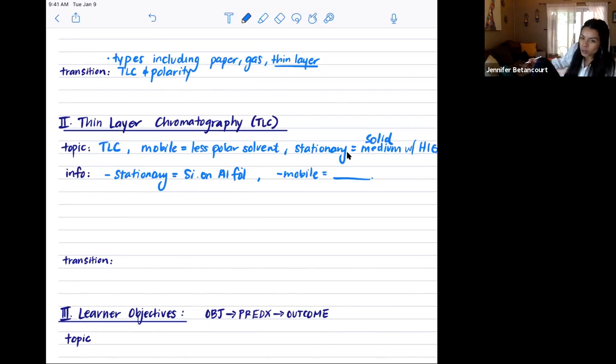How the spots are visualized. So my question is, how are the spots visualized? And another shout out to Carla, visual indicator. My next question is, that's vague. What is the visual indicator, or what are some examples of visual indicators? Okay.